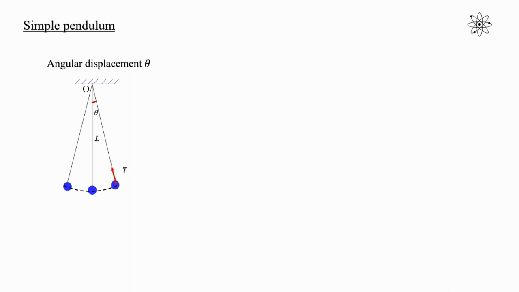The tension, which acts along the string, and mg, which acts vertically downward. Now let's resolve mg. Here you have one component of mg, and here a second component. With angle theta, this component is mg cos theta and the other component is mg sin theta.